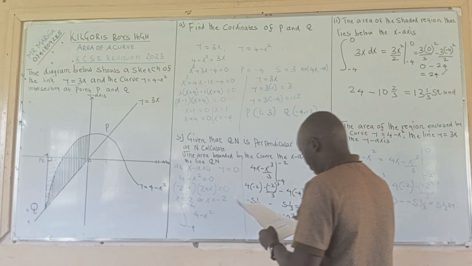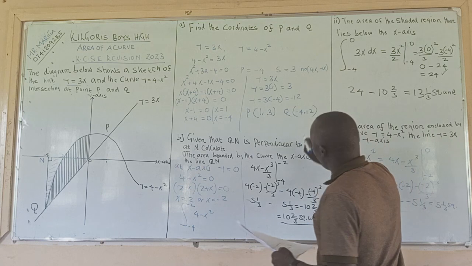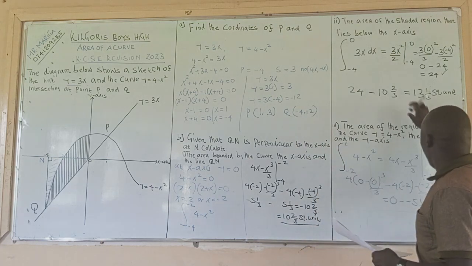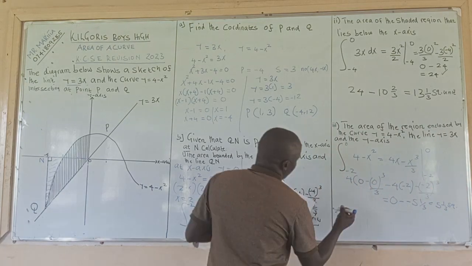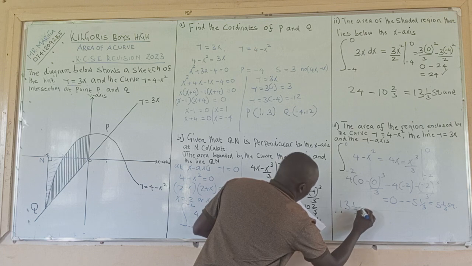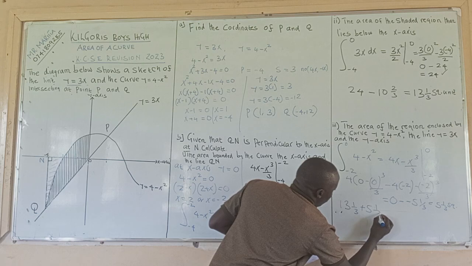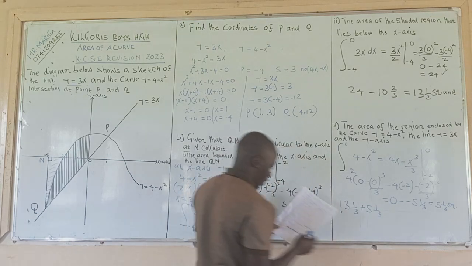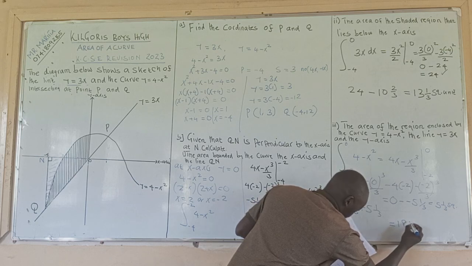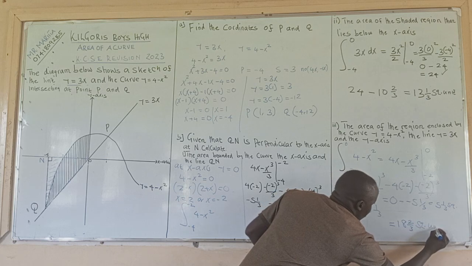The area below, we had that one as 13 and 1 over 3. So we have 13 and 1 over 3, plus now the area above, which is 5 and 1 over 3. And therefore that gives us the total area, which is 18 and 2 over 3 square units.